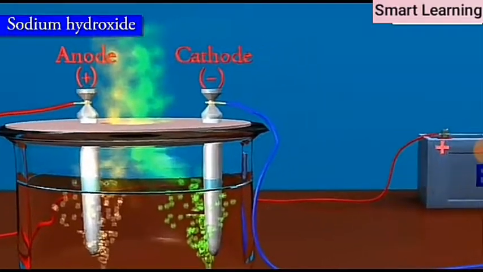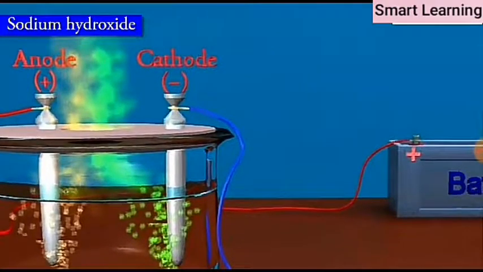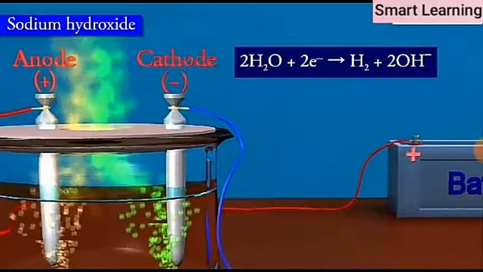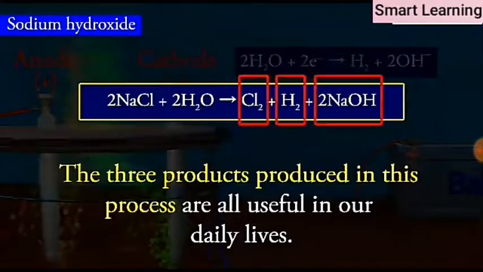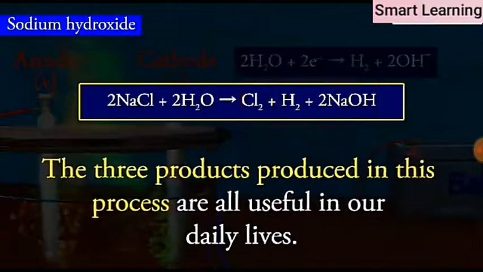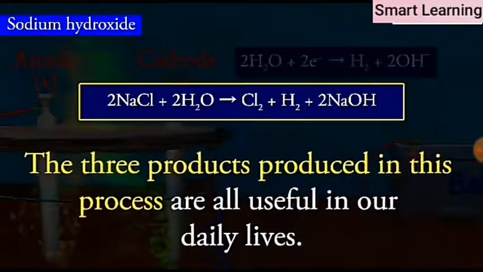And hydrogen gas at the cathode, the reaction being 2H2O plus 2e minus gives H2 plus 2OH minus. Sodium hydroxide solution is formed near the cathode. It is important to note that the three products produced in this process are all useful in our daily lives.